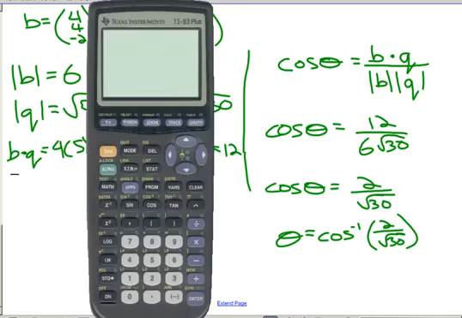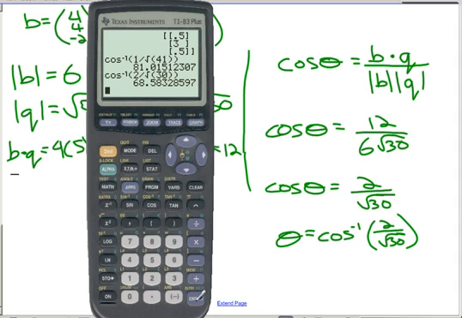It doesn't specify here whether we're talking about degrees or radians, so they should accept the answer either way. 2 divided by root 30. My calculator's still in degree mode. It gives me 68.6 degrees, which is an acute angle.